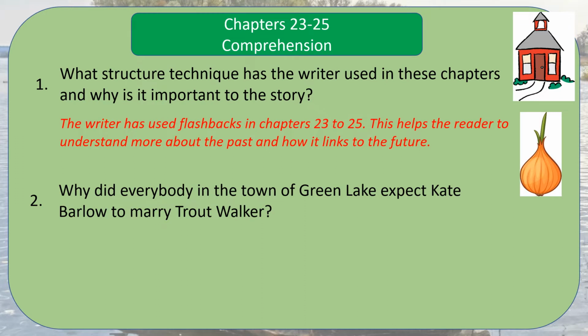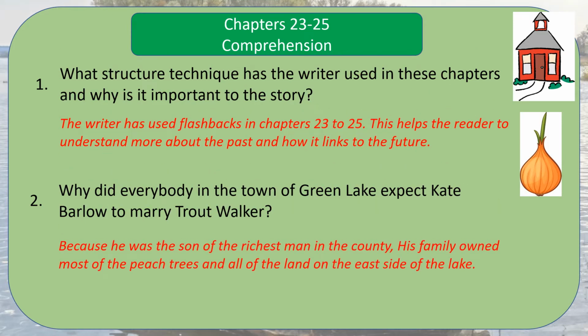Question 2: why did everybody in the town of Green Lake expect Kate Barlow to marry Trout Walker? Well, because he was the son of the richest man in the county, and his family owned most of the peach trees and all of the land on the east side of the lake.